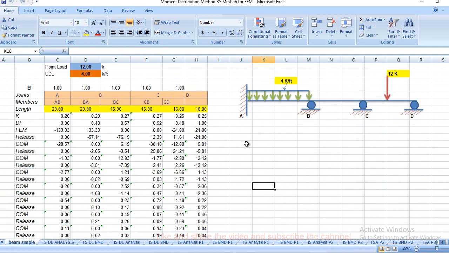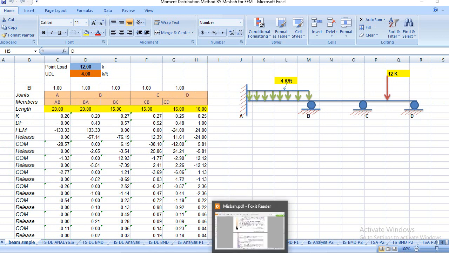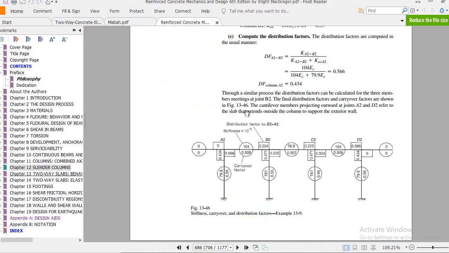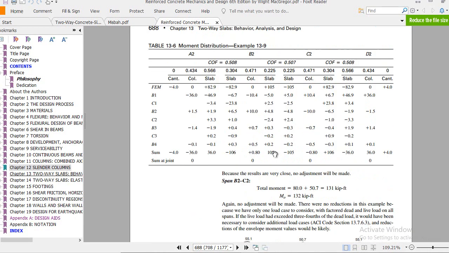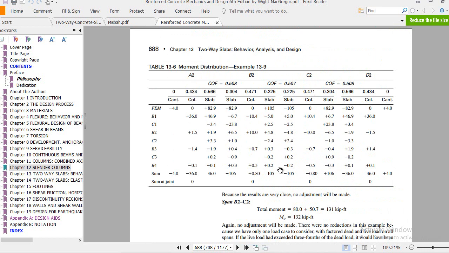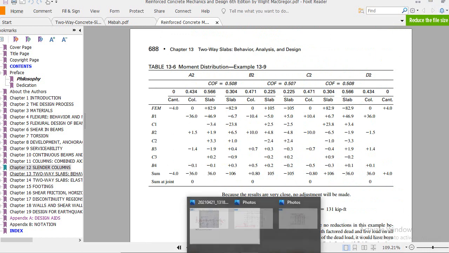Okay, but you can do the same calculation for this kind of loading pattern if you have this kind of table. You have A, B, C, D joints, a UDL loading, and fixed-end moments. So this is a simple procedure. You can run this table, and this table is also available in the McGregor book. If you visit it here, you see this table which they basically did. Clear? So finally, what moments we got. Let me share those moments.